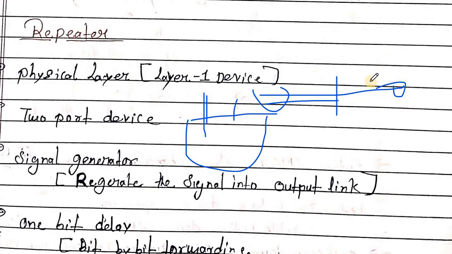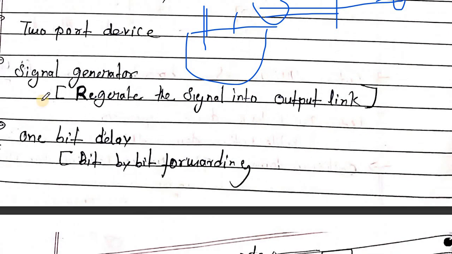So the repeater is used to amplify the signal so that it can travel more distance to reach the destination host.